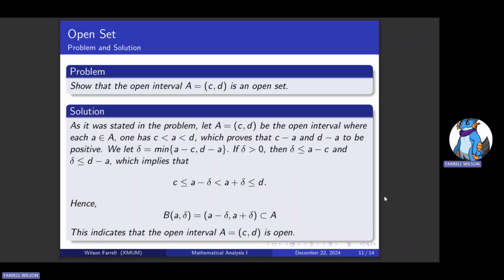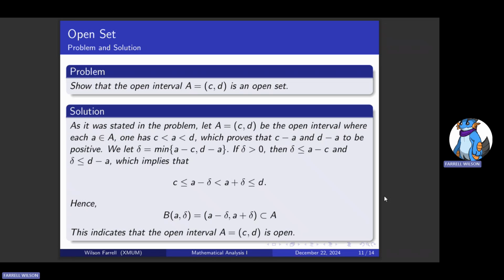We can use open sets to solve some problems. The first problem states that we need to show the open interval A equals (c, d) is an open set. For the solution, we let A equal (c, d) be an open interval where each a in A has c less than a less than d, which proves that a minus c and d minus a are positive. Then let delta be the minimum of a minus c and d minus a.